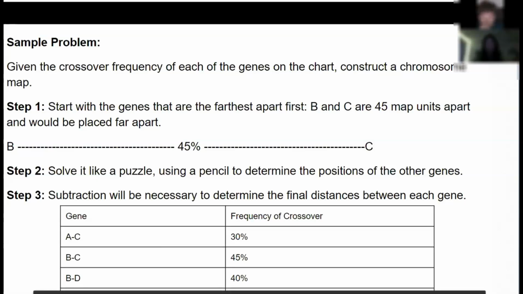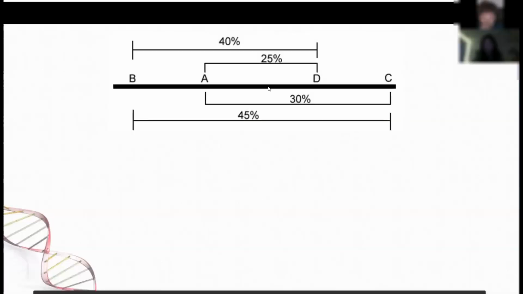A and D are 25 apart. So if this is at 15, 25 from there is D. And that also satisfies the 40, since B and D were 40 apart.